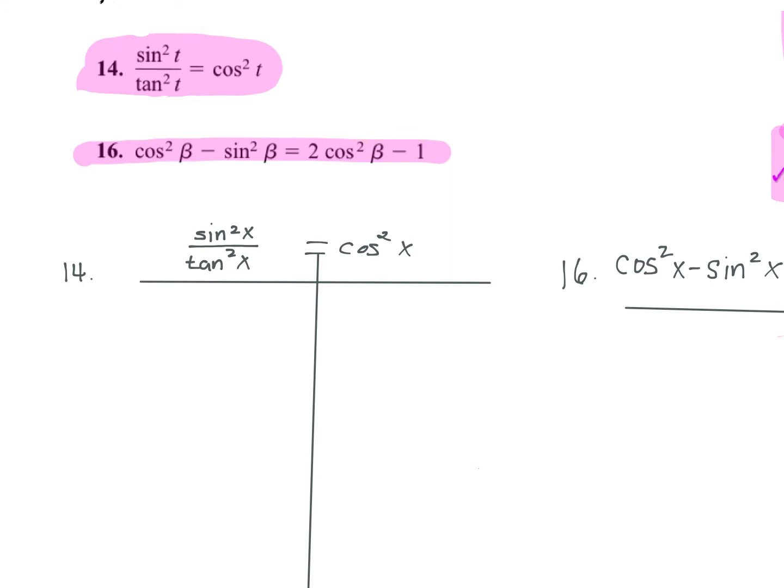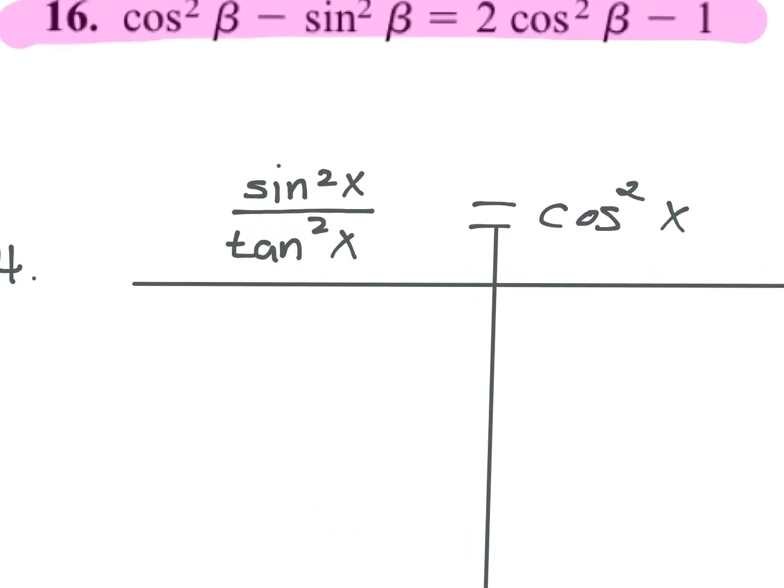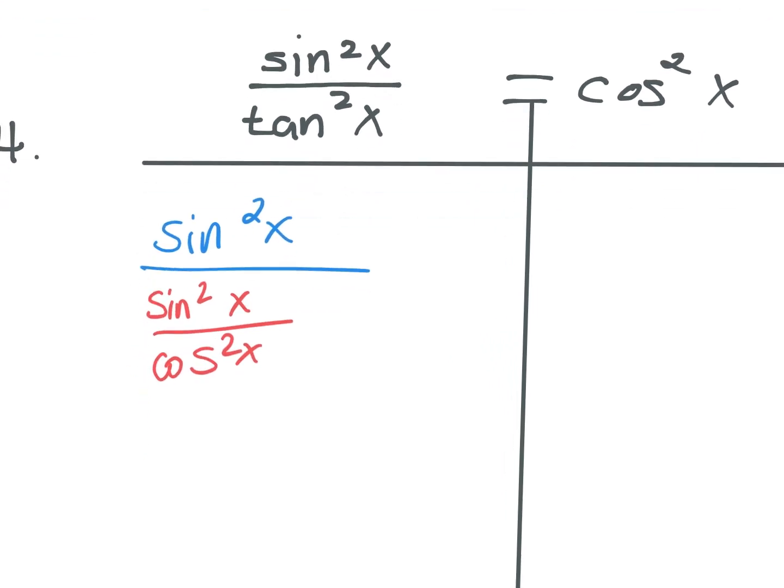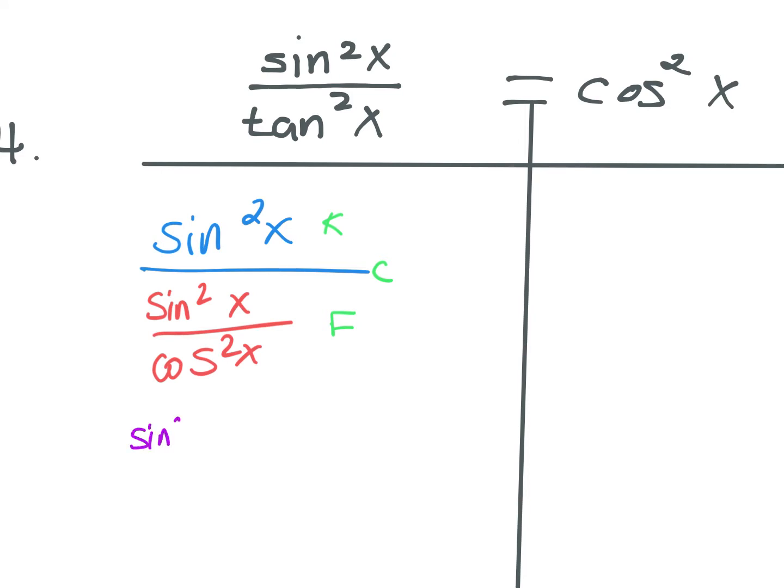On the left-hand side, sine is my most basic trig function, sine and cosine, so I'm going to leave sine squared x alone. And what am I going to change tangent into? Sine squared over what? Cosine squared. Good. Now I just have a fraction divided by a fraction, so we keep, change, flip. And when we do that, we have sine squared x times cosine squared x over sine squared x.